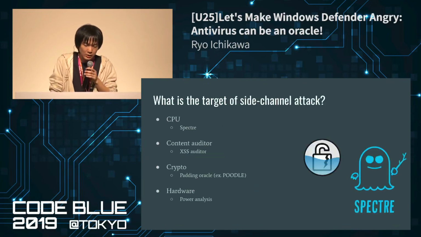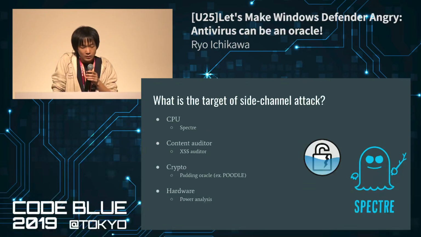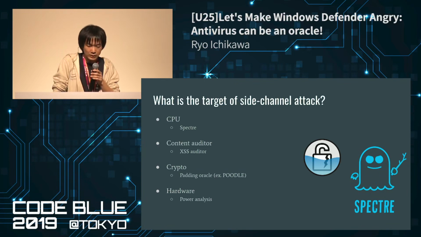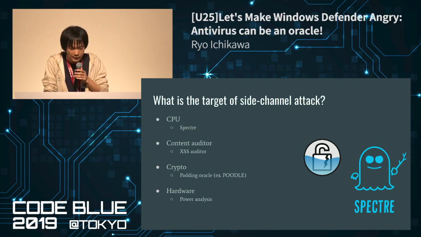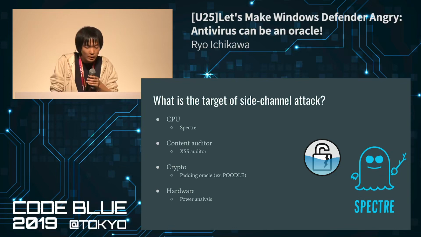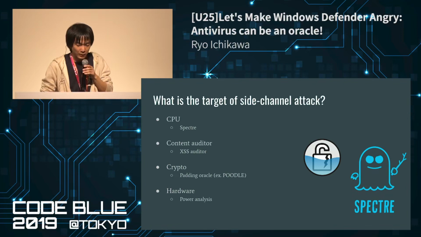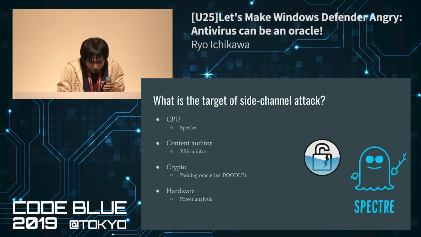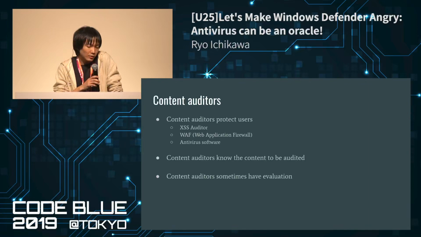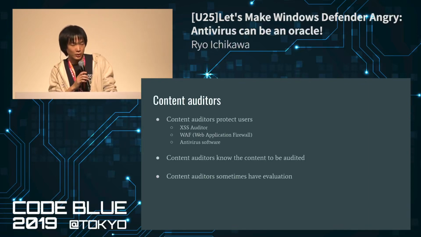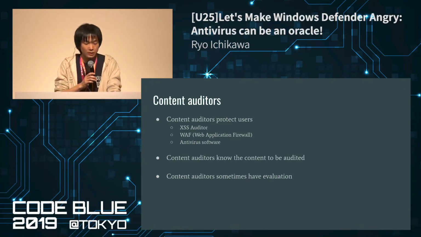So what are the targets of side channel attacks? For CPUs, Spectre, Meltdown, and some content auditors like the cross-site scripting auditor in Google Chrome. In crypto, padding oracle, and some other side channel attacks exist. There is also hardware, but I will not talk about it. So, about content auditors: a content auditor protects users from malicious attempts.